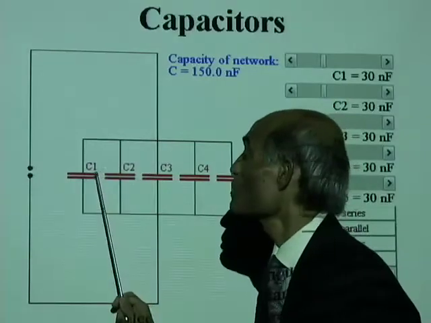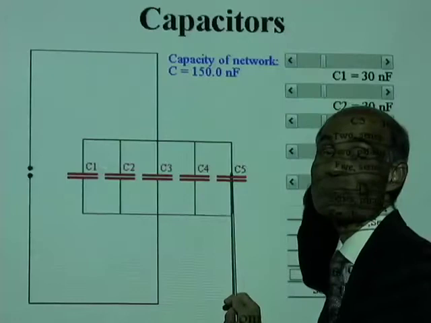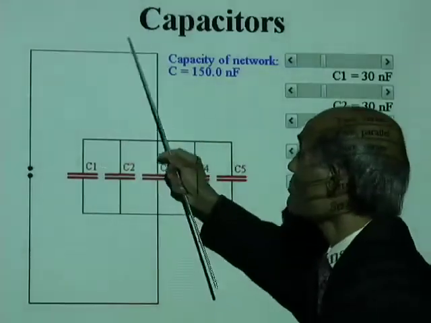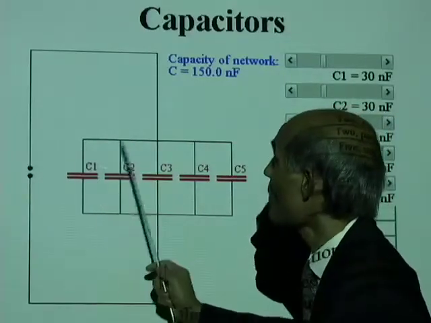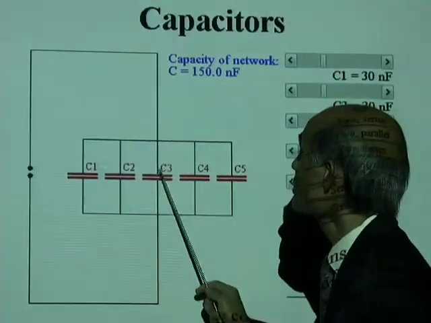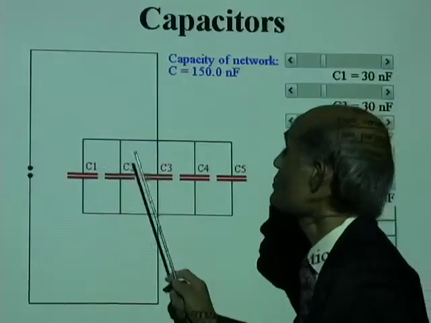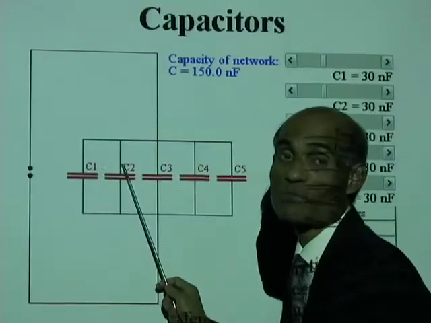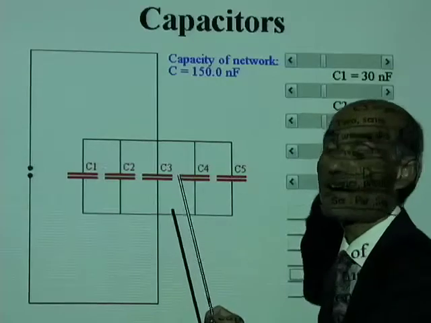That means the potential difference across each of them is now the same, and the charge is divided. When the total charge comes here, it will get divided into Q1, Q2, Q3, Q4, Q5, so that the total charge Q equals Q1 plus Q2 plus Q3 plus Q4 plus Q5.